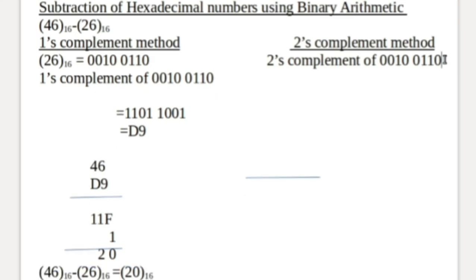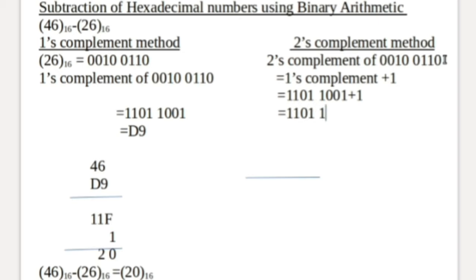The ones complement is 1101 1001, plus 1, that is equal to 1101 1010. Convert it into hexadecimal.